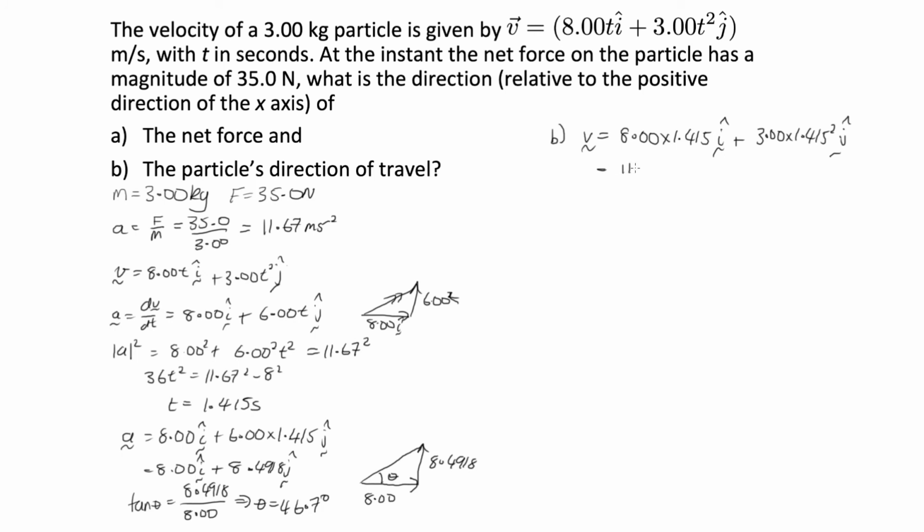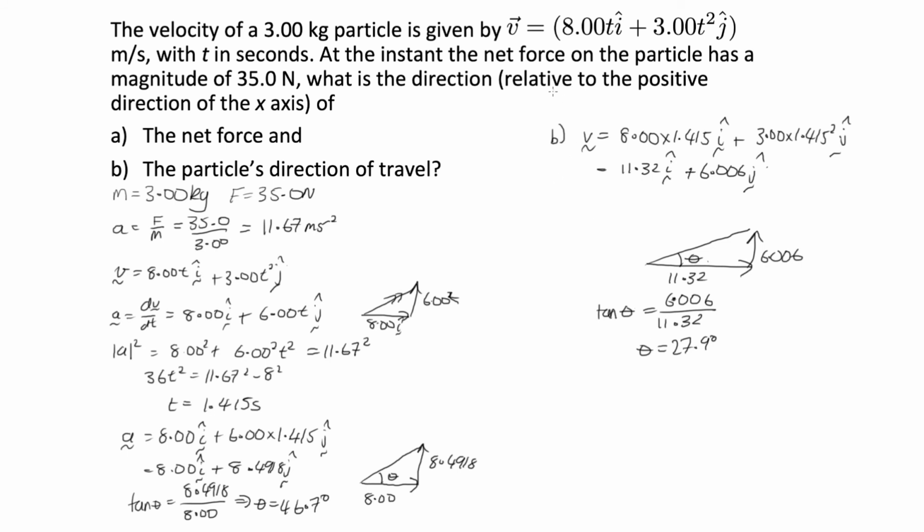Solving this, we've got 11.32 i plus 6.006 j, and so we've got 11.32, 6.006, and we want this angle in here. So calculating this angle, we've got tan theta is equal to 6.006 over 11.32, and so theta is equal to 27.9 degrees. So there we've measured the angles relative to the positive direction of the x-axis for these two things.